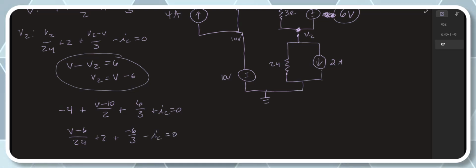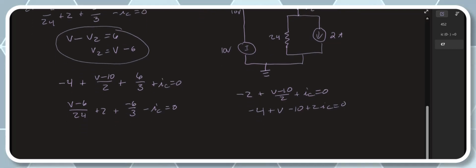So for this top equation, minus 4 plus 2 is negative 2 plus V minus 10 over 2 plus IC equals 0, or negative 4 plus V minus 10 plus 2 IC equals 0, or V plus 2 IC equals 14.